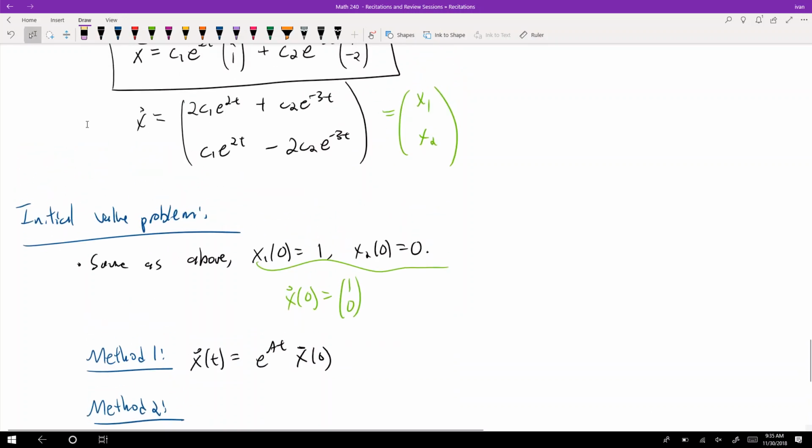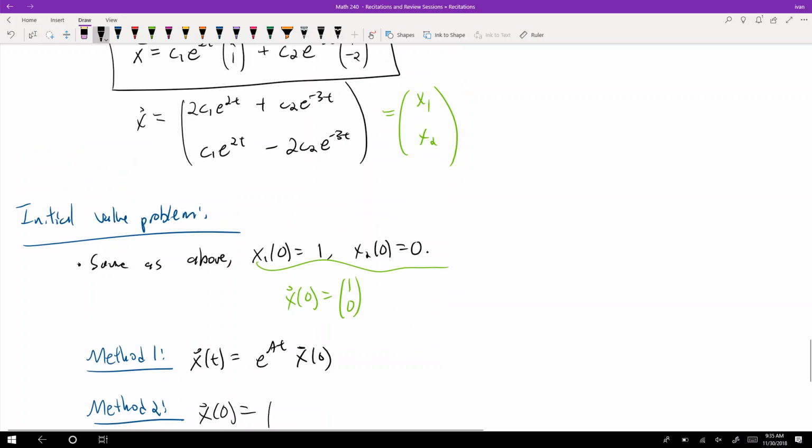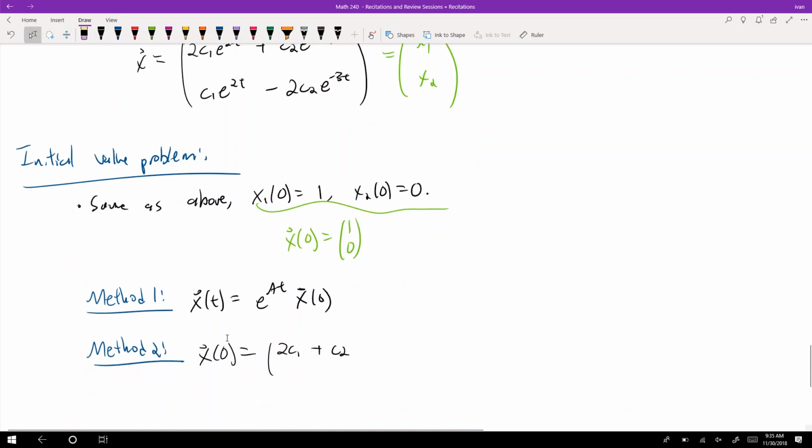So up here we have this guy, so we just plug in 0 for the t's. So you get x of 0 is equal to 2c1 plus c2, and then the second row is c1 minus 2c2.